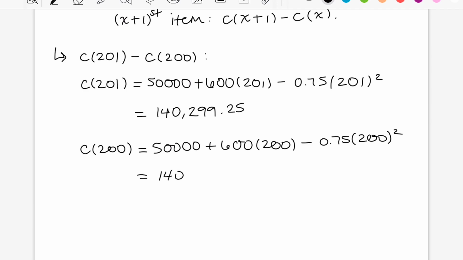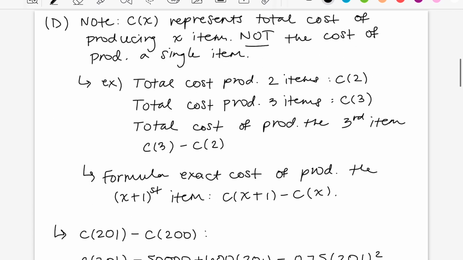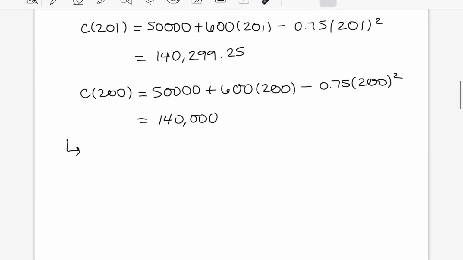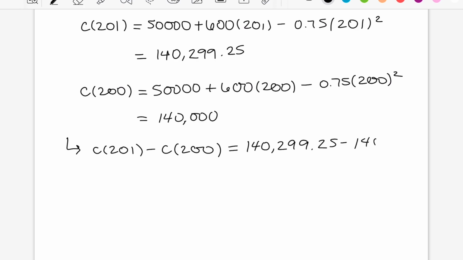We get 140,000 exactly. It's a comma. All right, so then this tells us that the exact cost for the 201st transmission is going to be $299.25.